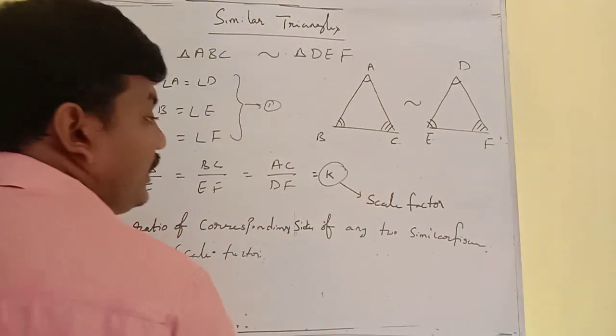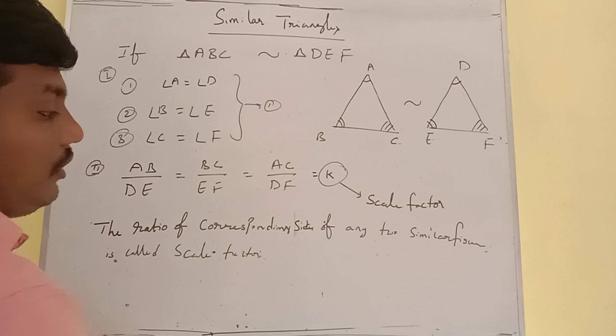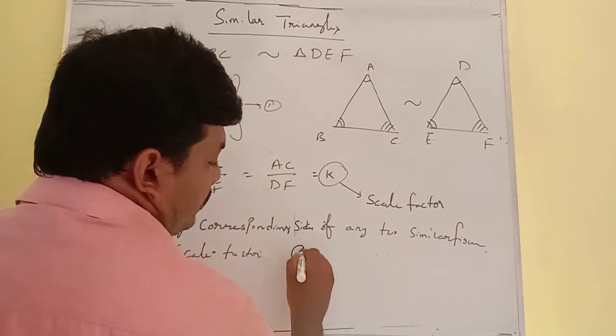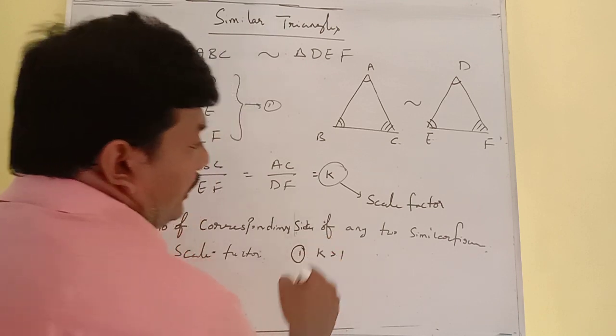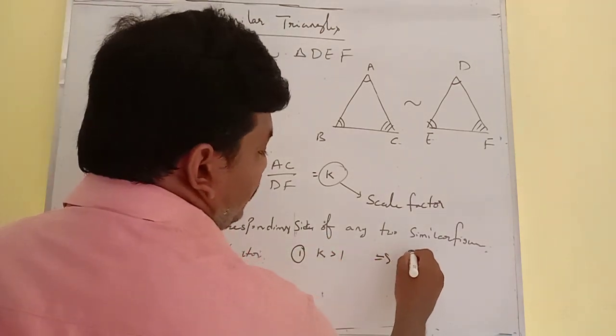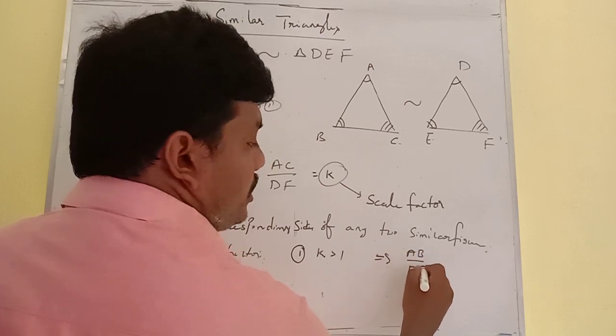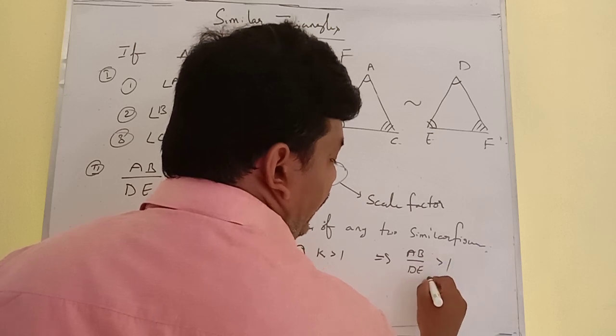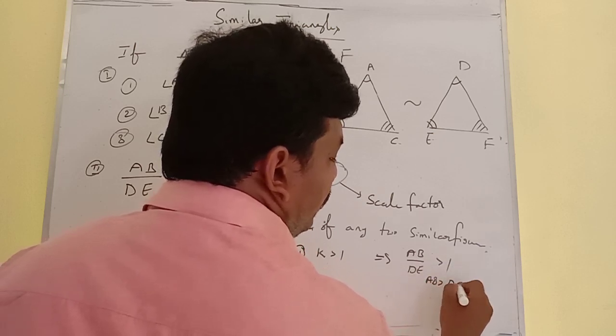When the scale factor is greater than 1, what happens? AB by DE is greater than 1. That means AB is greater than DE.